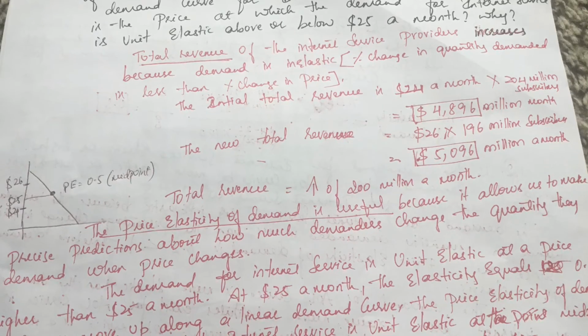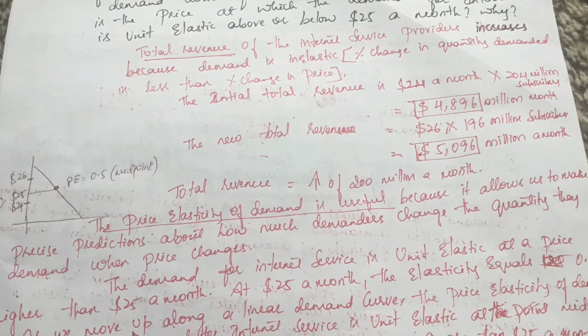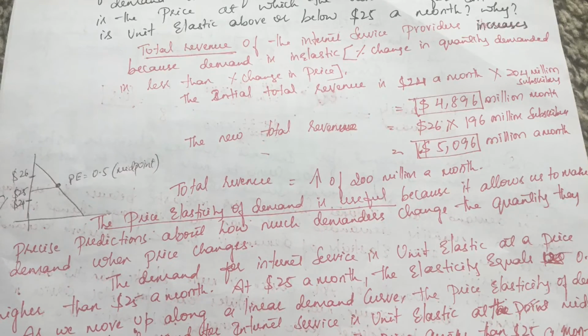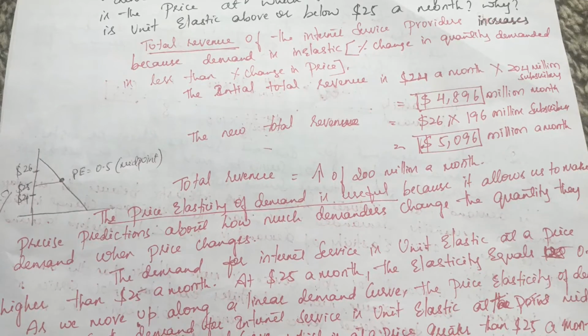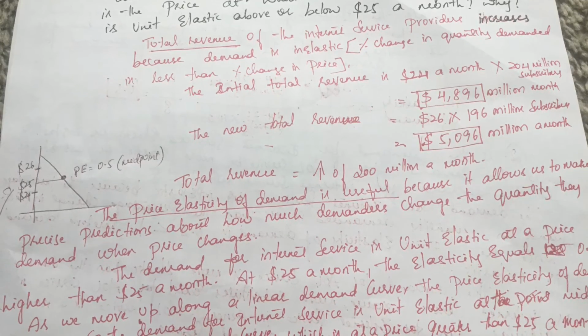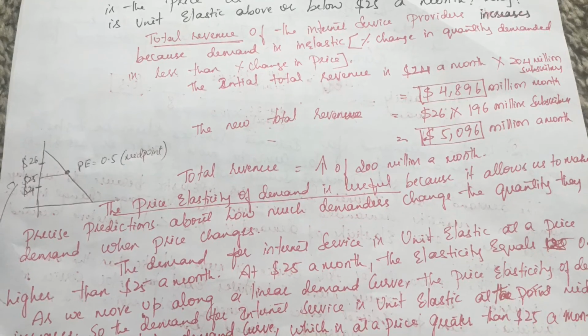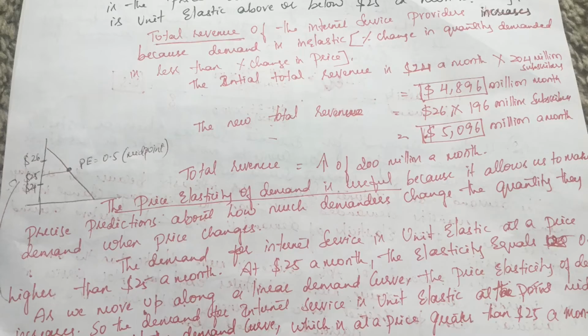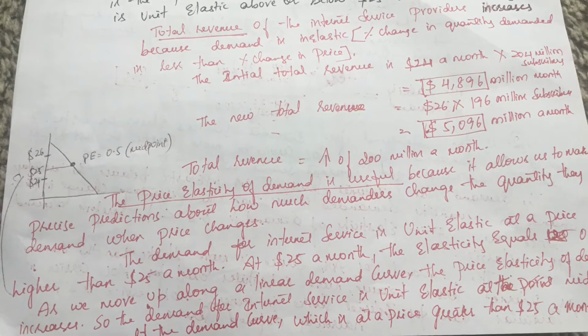It is quantity times price, which is $4,896 million a month, and the new total revenue after the price rise is $26 times 196 million subscribers, which is $5,096 million a month. So the total revenue has increased by $200 million a month.